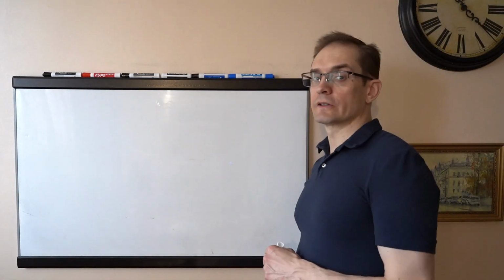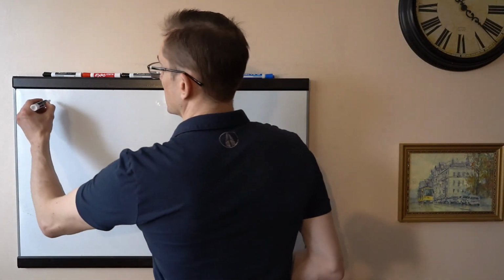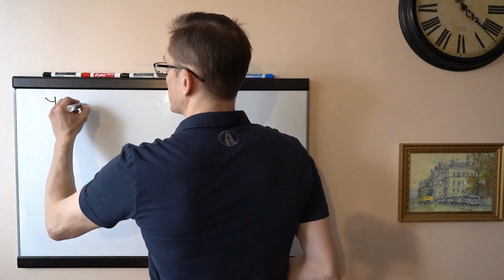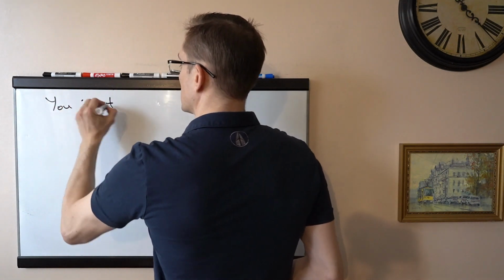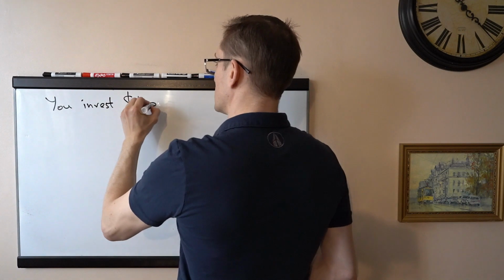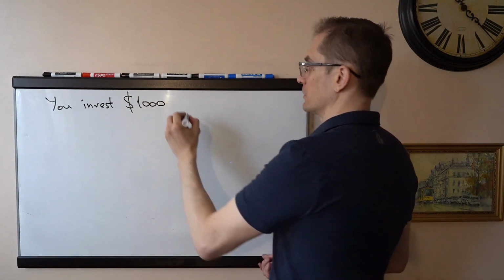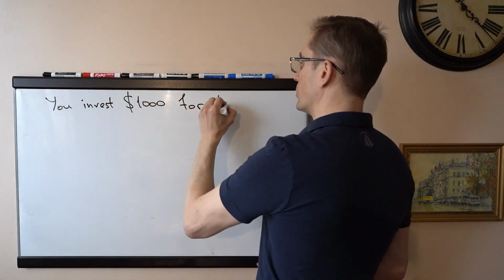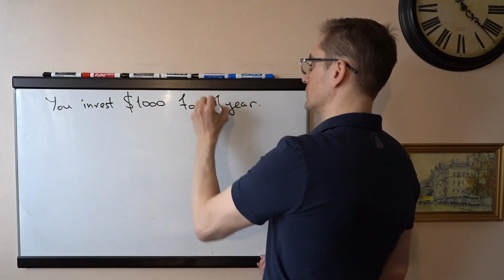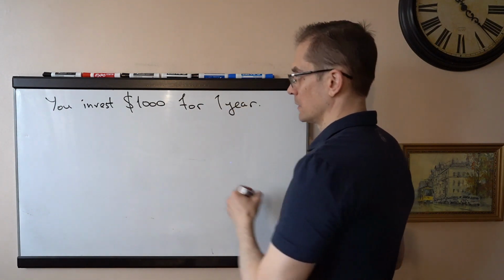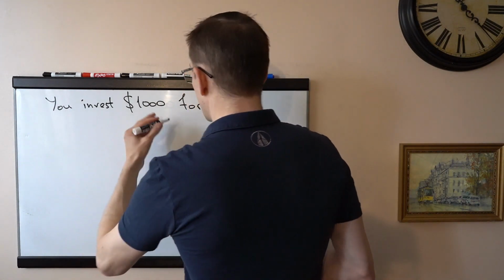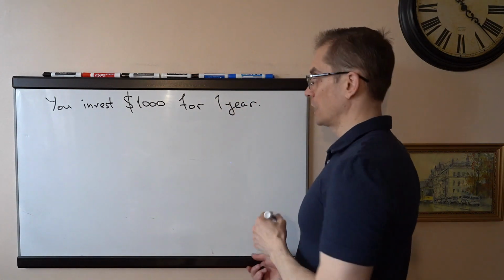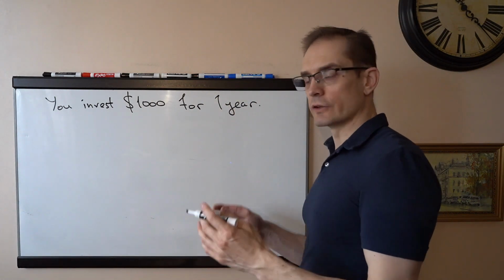Let's start with a very simple example. Let's say you invest $1,000 for 1 year. How much interest are you supposed to get for that investment?